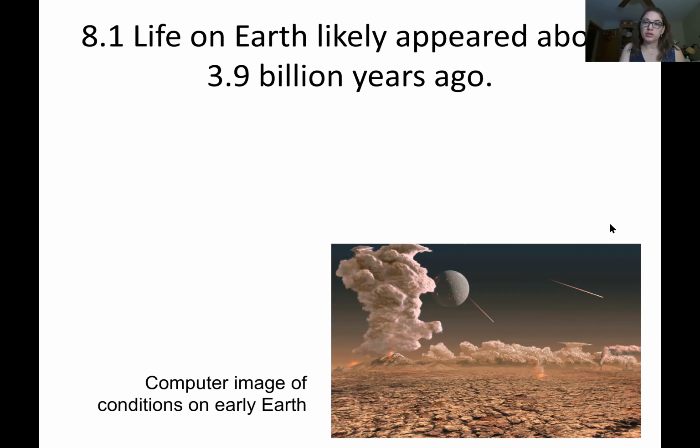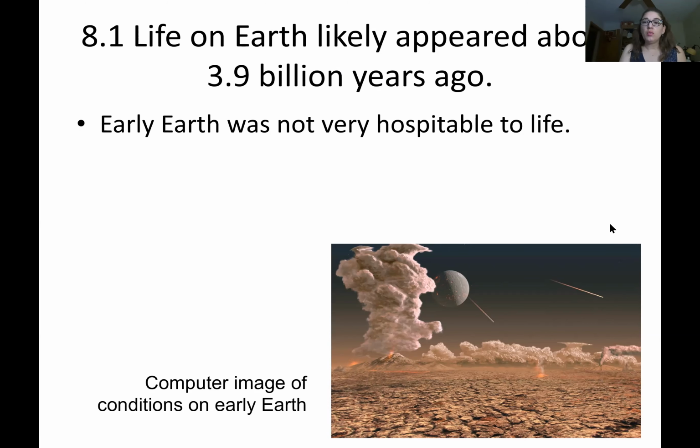But we do have fossil records, which tend to show an increased level of complexity over time. So that's how we can extrapolate back how old something may be and what may have come first. So we know from the fossil record and the rocks that we have that the early Earth was not very hospitable.